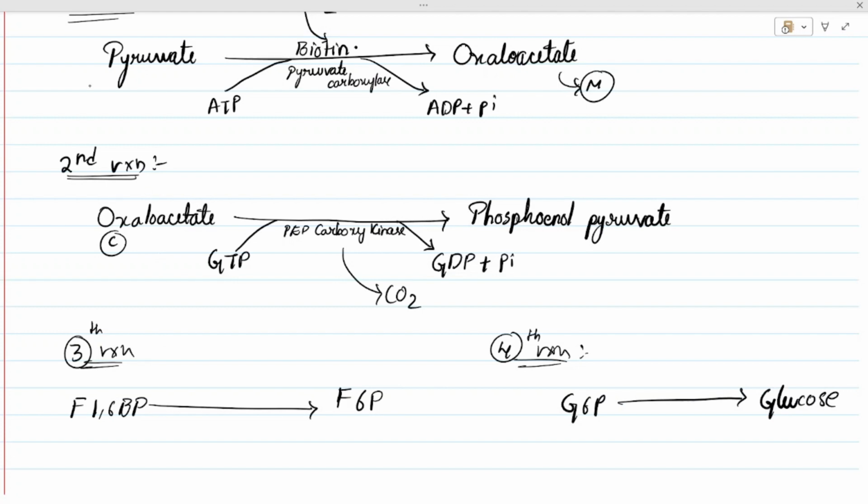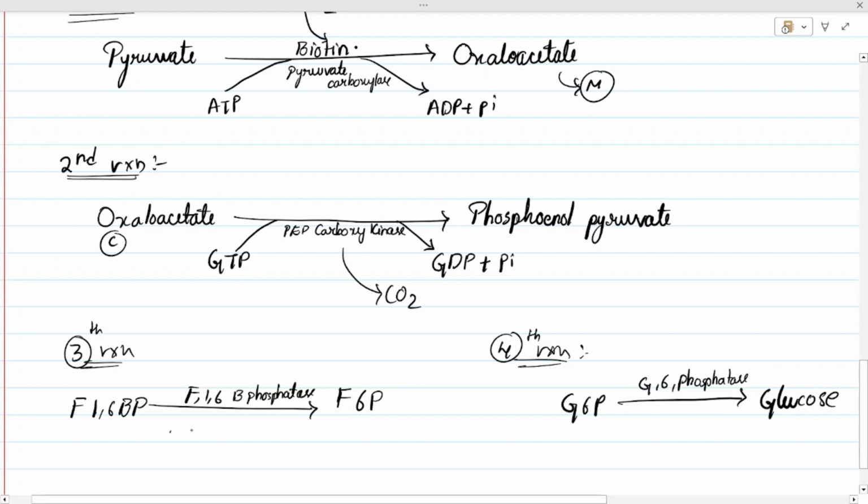The enzyme used in the third reaction is fructose 1,6 bisphosphatase, and the enzyme here is glucose 6 phosphatase. In the third and fourth reactions, we have utilization of H2O, which gets converted into inorganic phosphate.